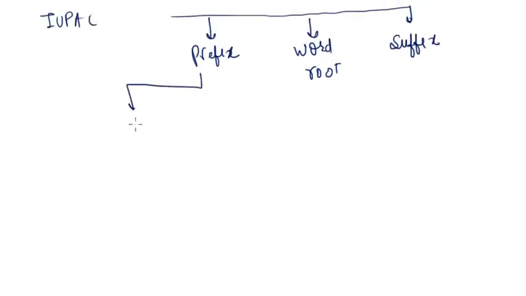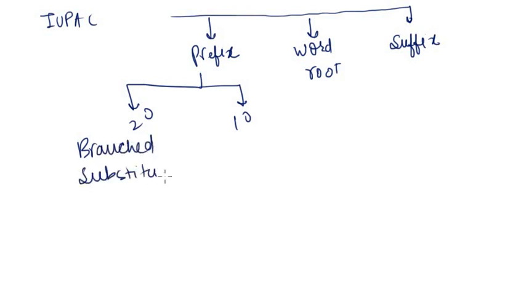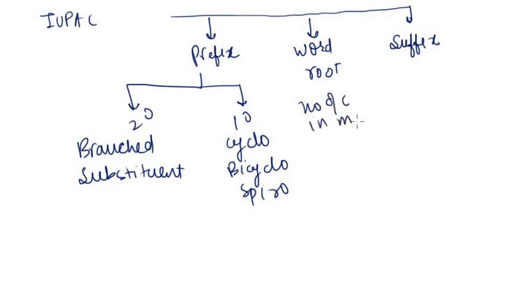Prefix is further classified into 2 degree and 1 degree. 2 degree means branched substituent. 1 degree means cyclo, bicyclo, spiro. Word root means number of carbon in the main chain.